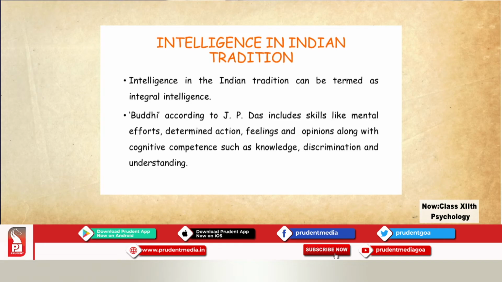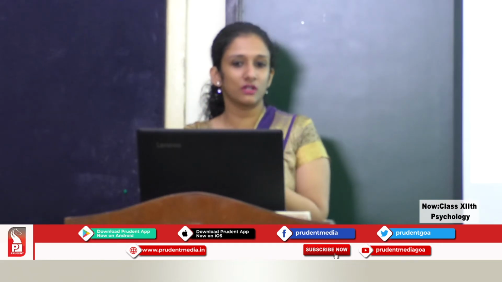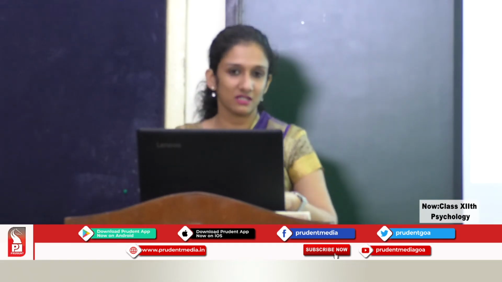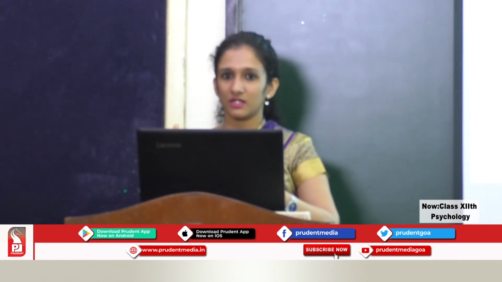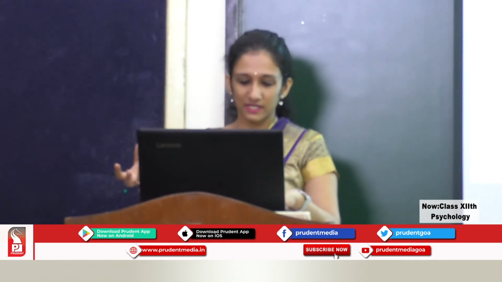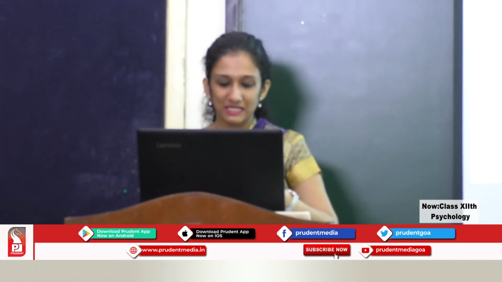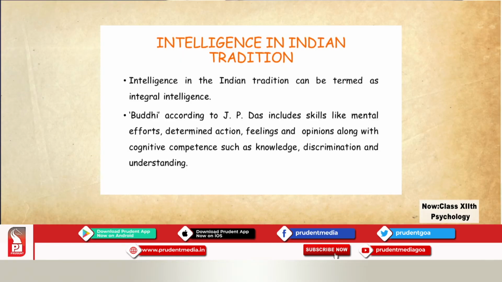So, we have a holistic view of what intelligence is in Indian terms, because everything is included, whereas the Western view is mostly focused on cognitive skills. We see it as a whole, not only cognitive but also non-cognitive skills are included.